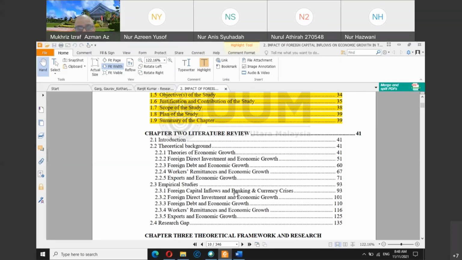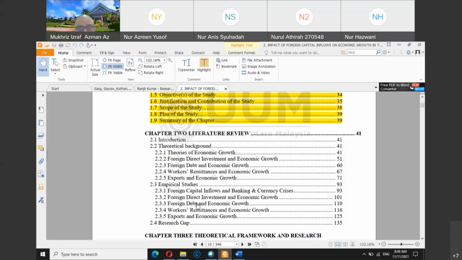It's not that the title of the journal must be exactly about education and entrepreneurship, but one of the research questions of that particular journal looks at that factor as well. So you can use that article to extract the findings and put them in the empirical studies.